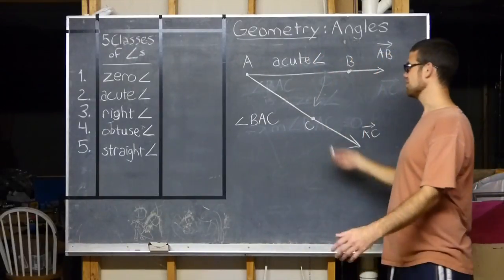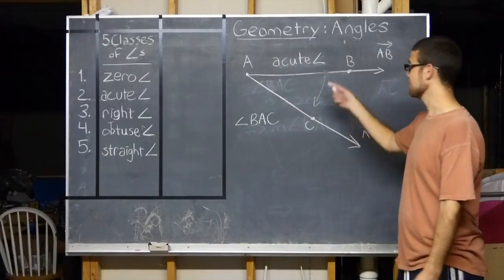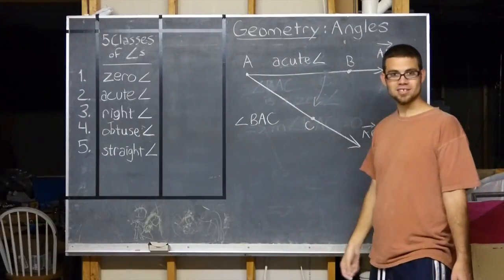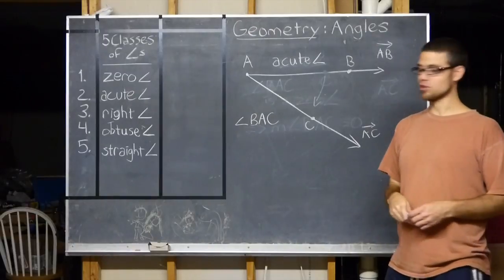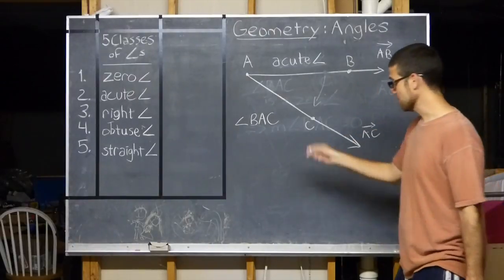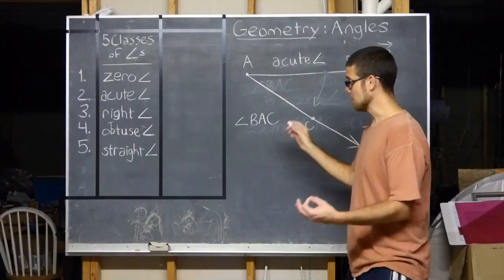And it is just cute. It is so cute. It's an acute angle. It's small, and small things, as we all know, are cute. So, this is an acute angle, and the way we define it is based on its measurement.